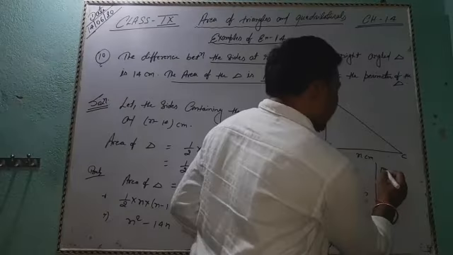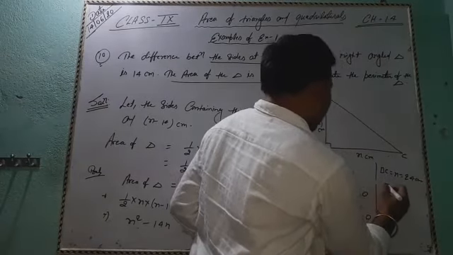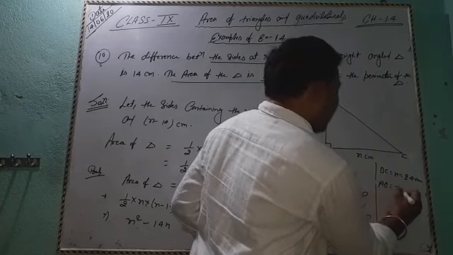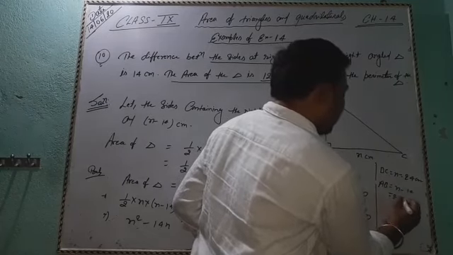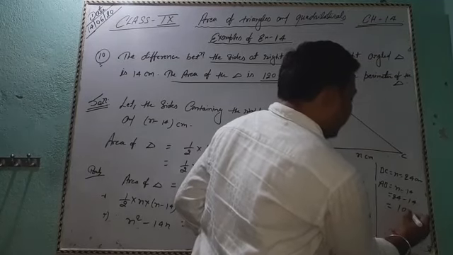So side BC equal to x equal to 24 centimeter and side AB equal to x minus 14 equal to 24 minus 14 equal to 10 centimeter.